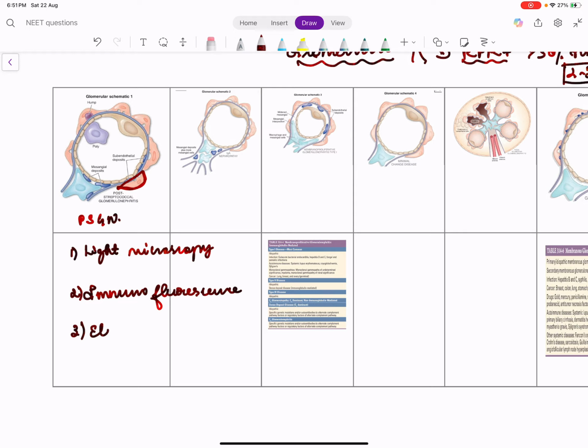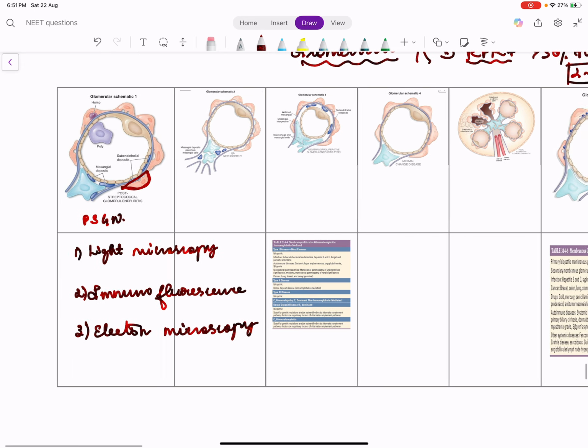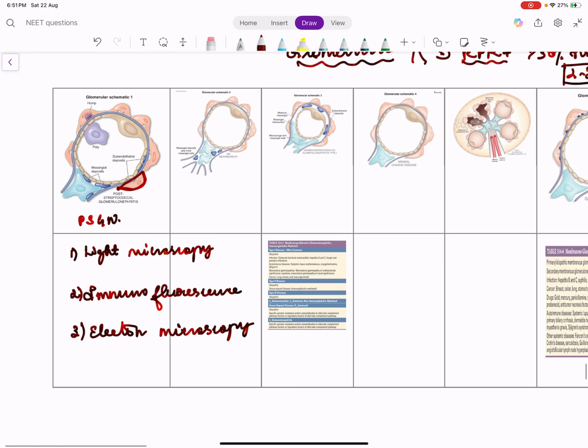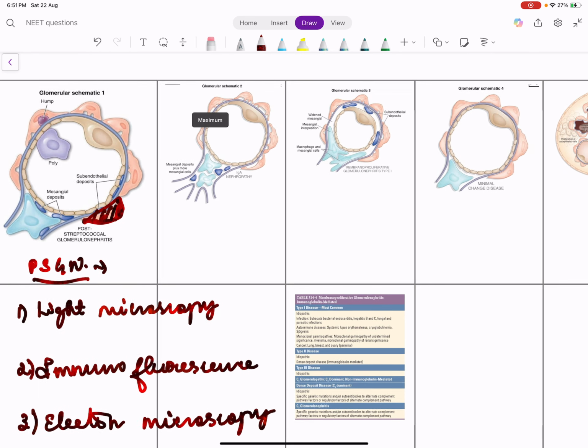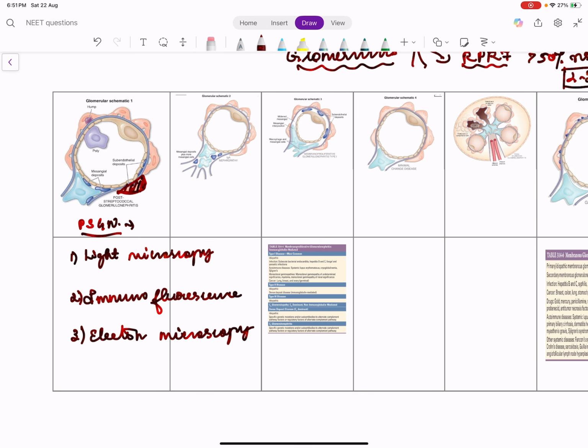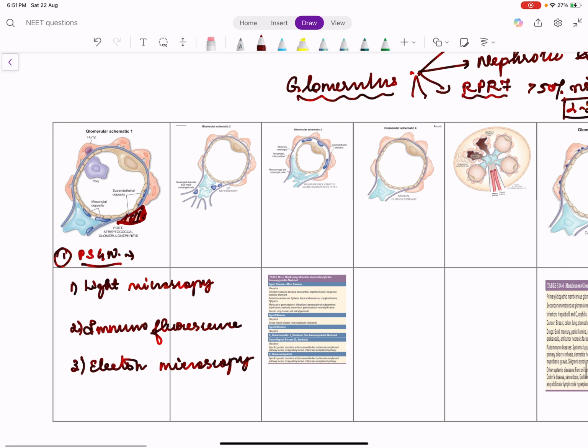Then we have electron microscope. This is the gist. So in light microscopy in PSGN, we get something called epithelial humps. It is usually proliferative glomerulonephritis, so many cells will be there. So PSGN is one type of nephritis.